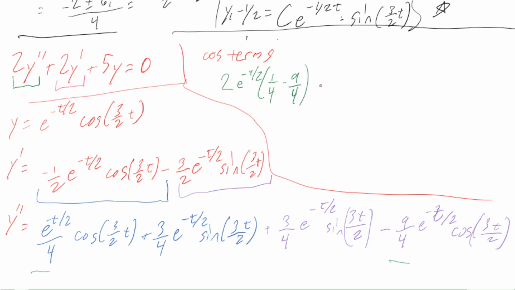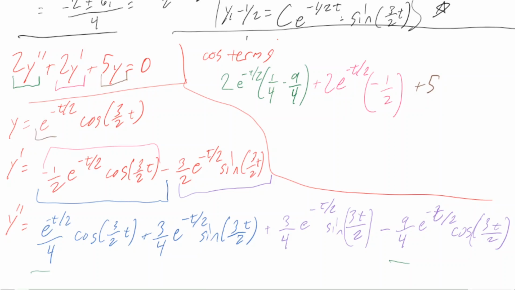And then in pink, the terms from y prime, we need to multiply by 2. There's one cosine term in the y prime equation, just the first term. So we write this as 2e to the negative t over 2 times negative 1/2. And then from 5y, we could write in brown the one cosine term.